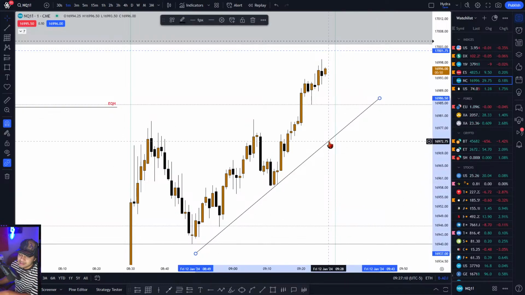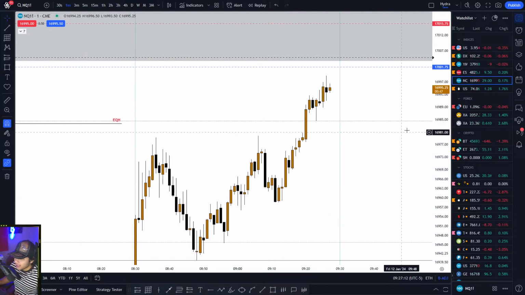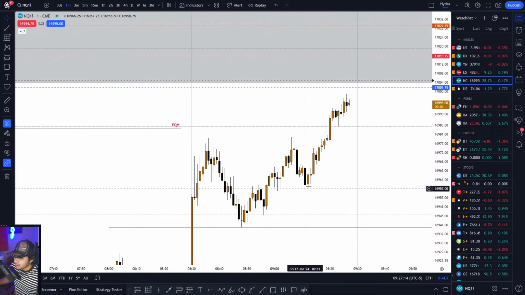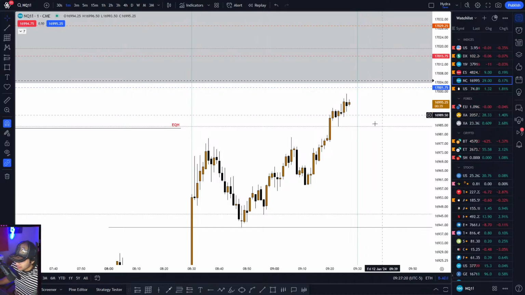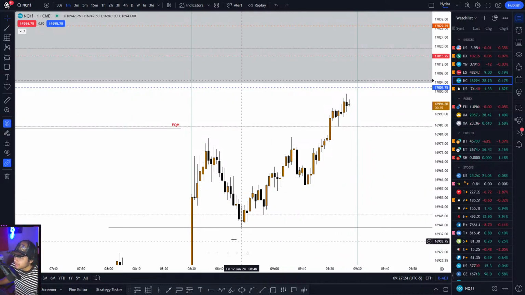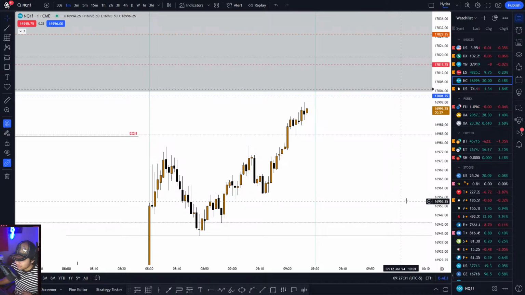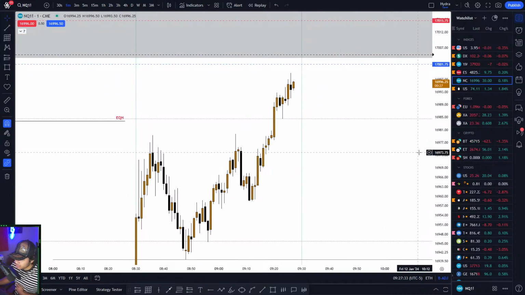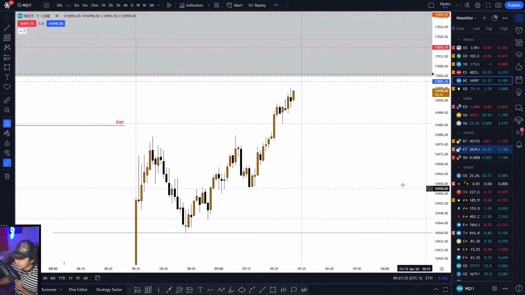What makes them high probability targets is when they are not clearing out sell side liquidity while moving towards buy side liquidity. Suppose price cleared out this swing low, but we still have equal lows down here. That makes this trend line low probability. There are so many things to go through about these liquidity concepts.